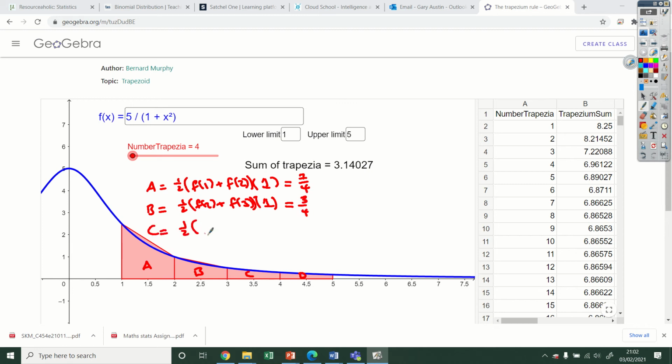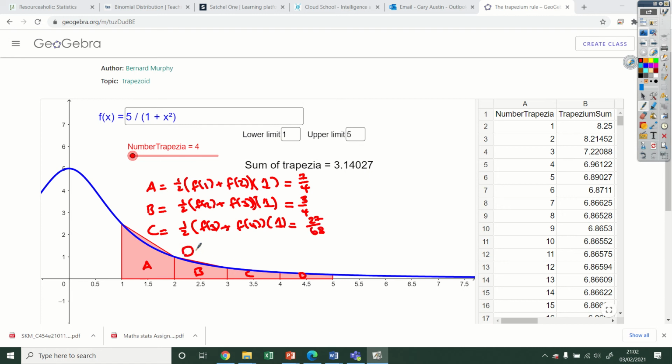C is going to be a half times f of 3 plus f of 4, and then times 1. So f of 3 I did before. Okay, 5 divided by 10 is a half. 5 divided by 1 plus 16 is 17. Okay, this one I make it to be 27/68.